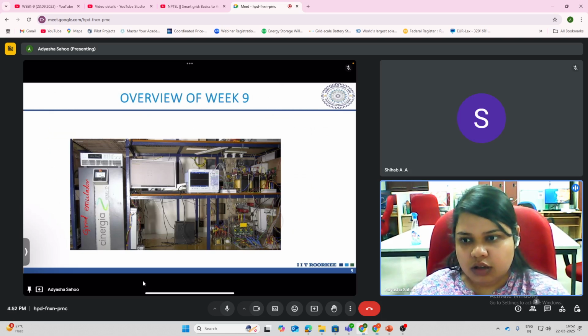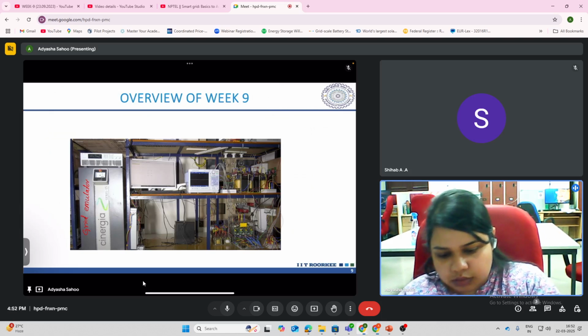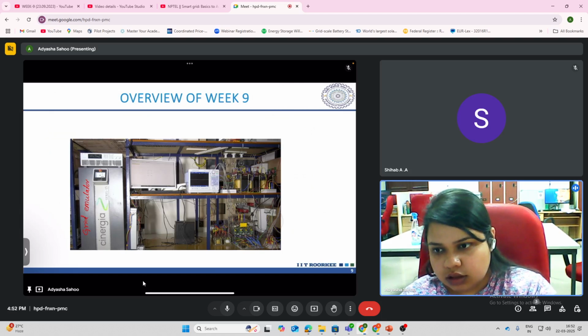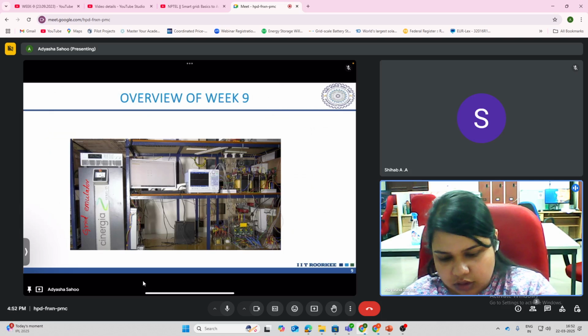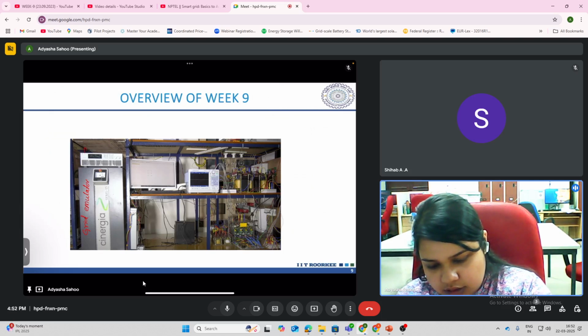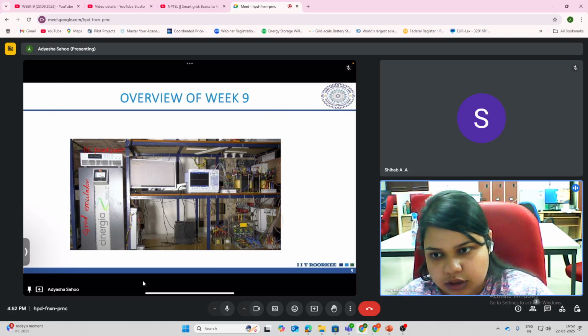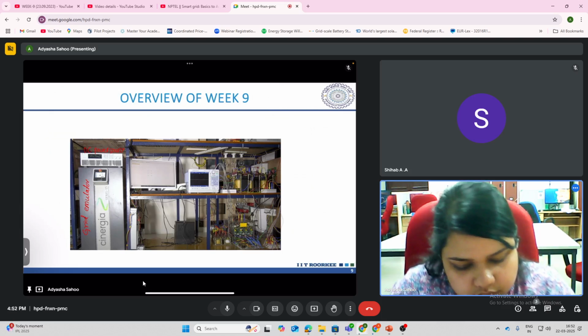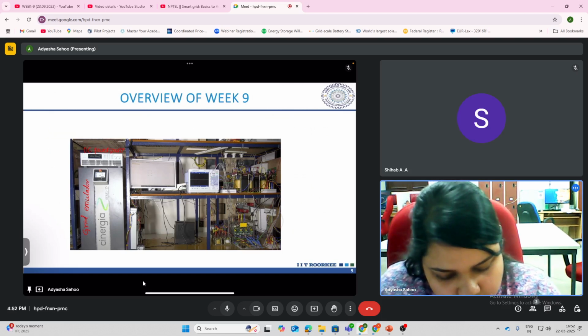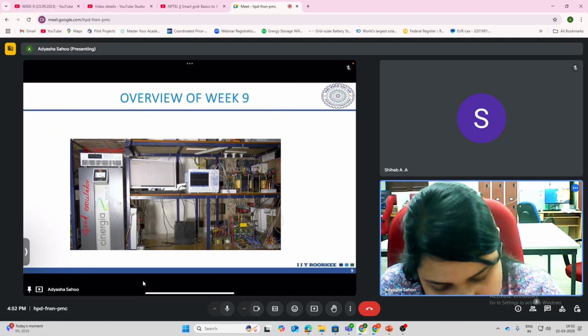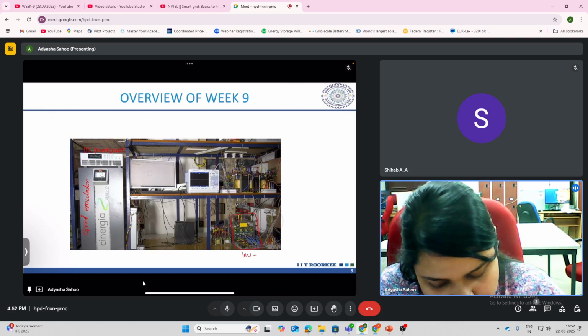So this is the final lab setup. This is the grid emulator, this Synergia box, and this is the DC power source acting as your PV. This is acting as your grid, the grid emulator. Then this box here is your inverter or your IGBT stack.